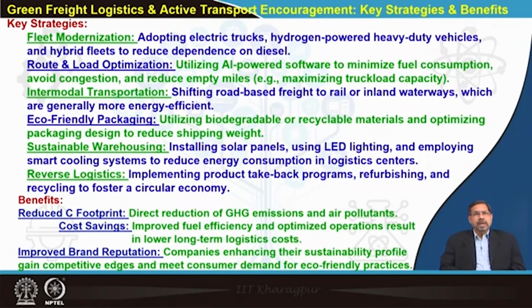The third is intermodal transportation, shifting road based freight to rail or inland waterways, which are generally more energy efficient. So, if we shift intermodal transport, particularly from road based to rail or inland waterways, that will also be helpful because they are more energy efficient in comparison to surface transport.